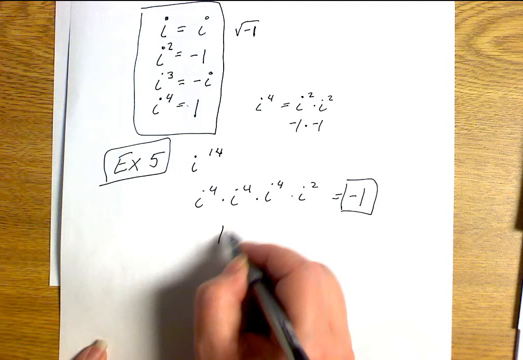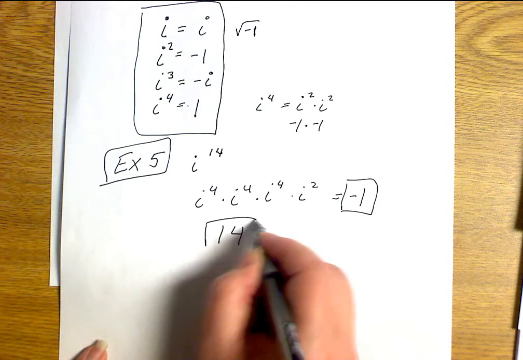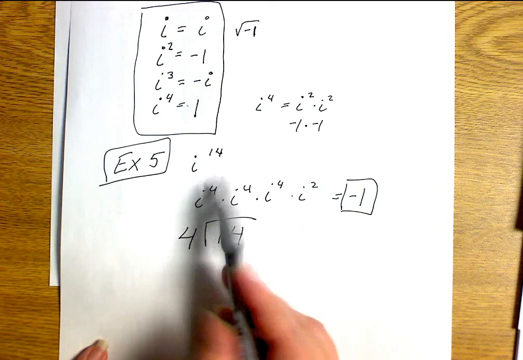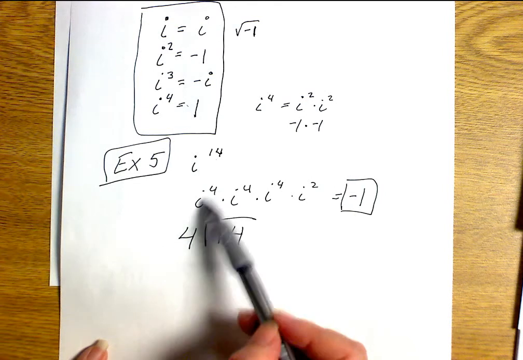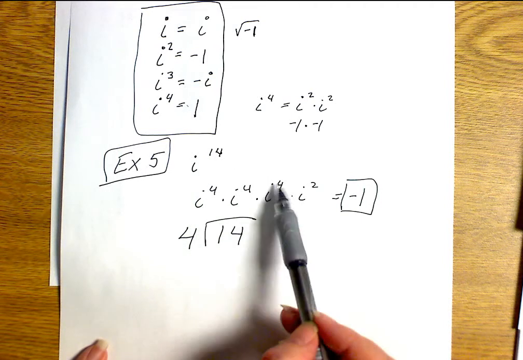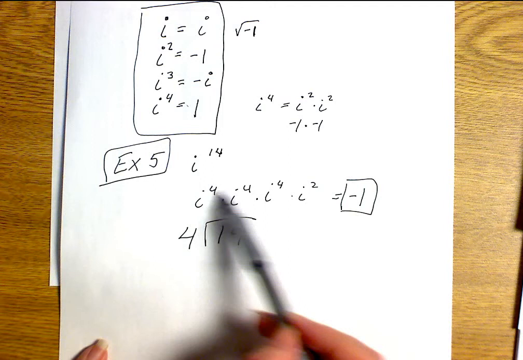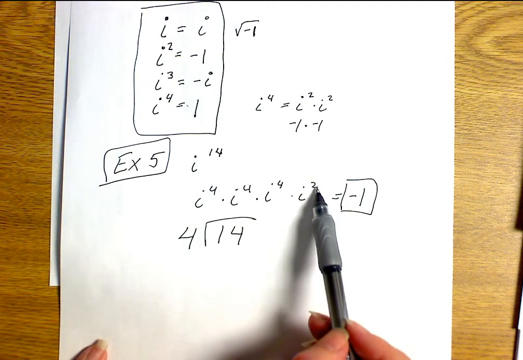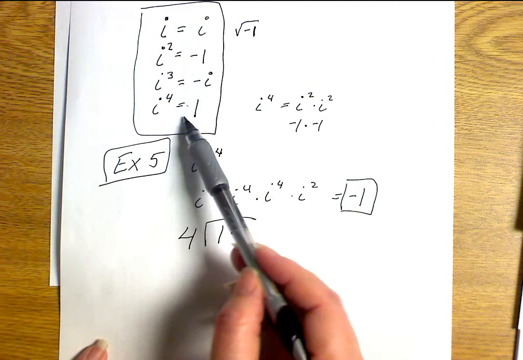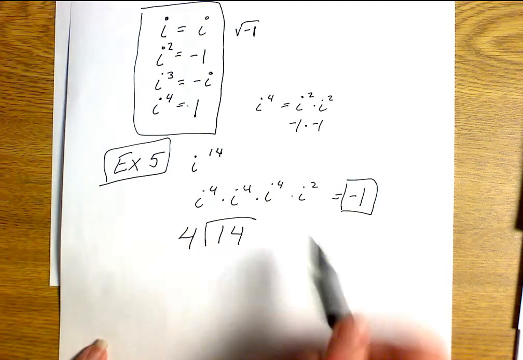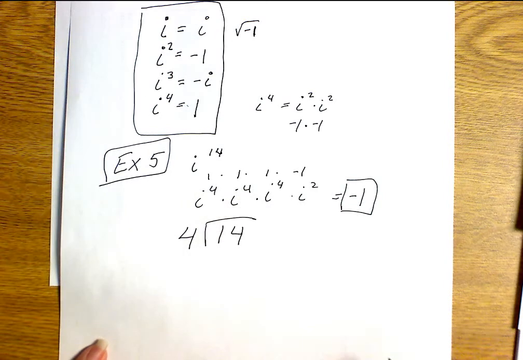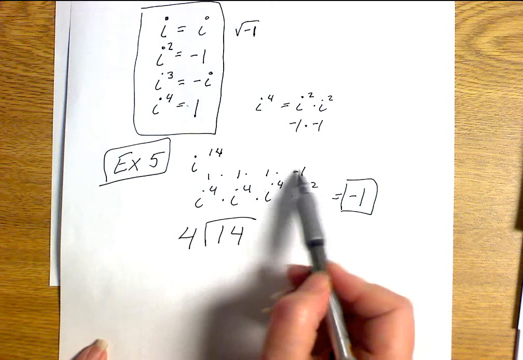Can 14 be written as i to the 4th, i to the 4th, i to the 4th, and i squared? 4 and 4 is 8, 9, 10, 11, 12, 13, 14. I'm breaking them up into 4s because I know that i to the 4th is 1. So this is 1 times 1 times 1 times negative 1, which is negative 1.